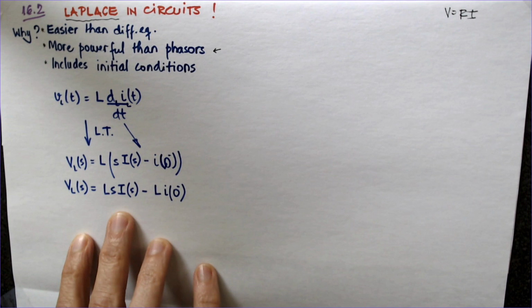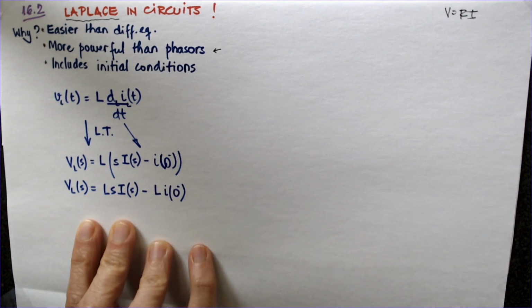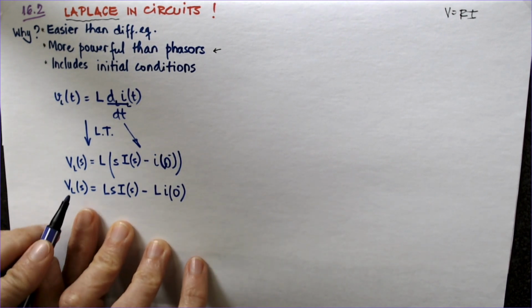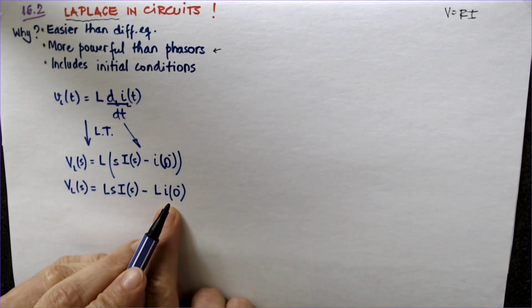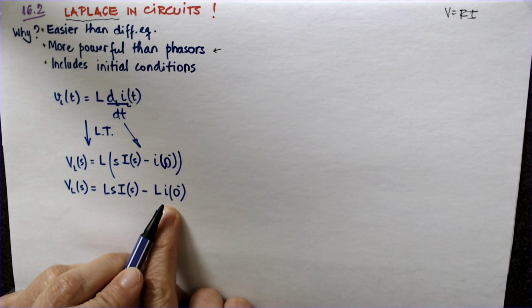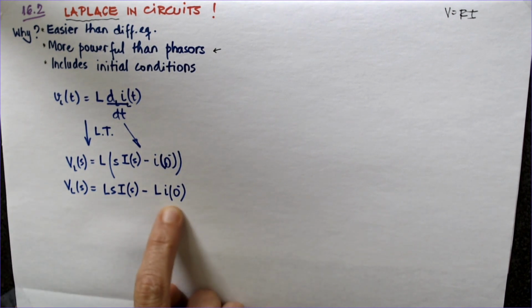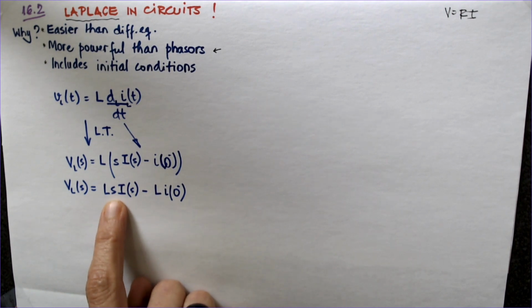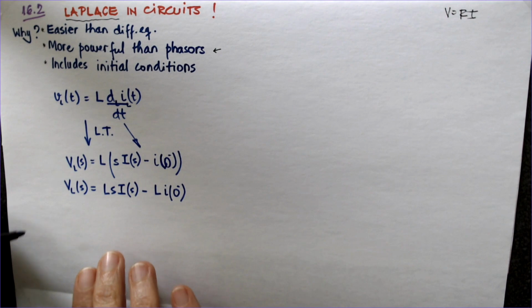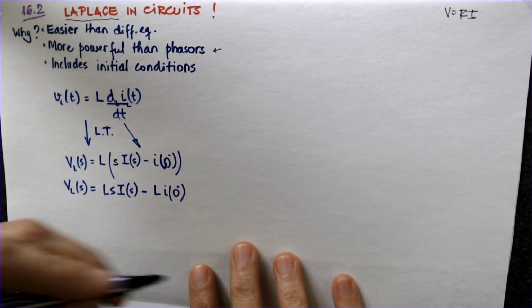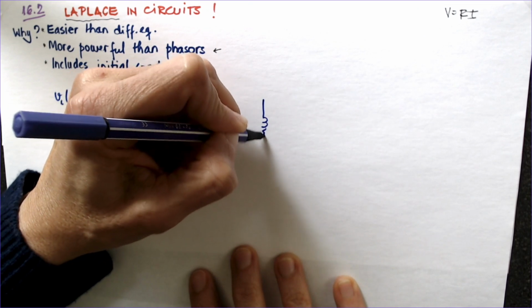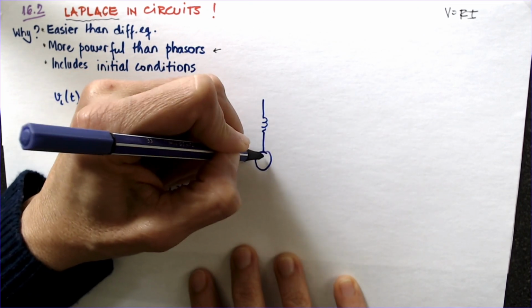So now I'm just going to write the inductance times those two factors. And the first one is what we had for phasors, right? So the voltage across the inductor is the sum of the Ls times I of S minus a voltage that we're going to now draw as a voltage supply, L I of 0. So the first part is what we knew anyway.